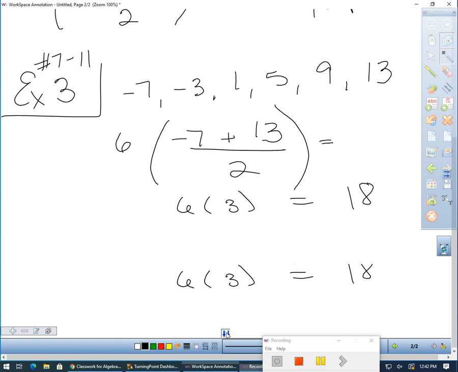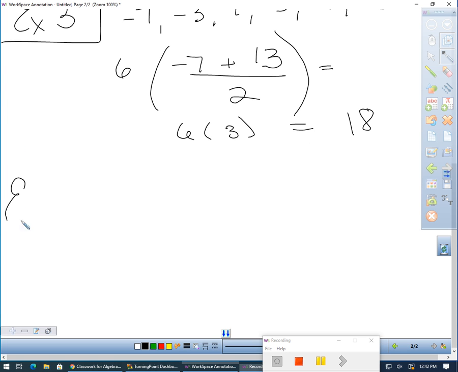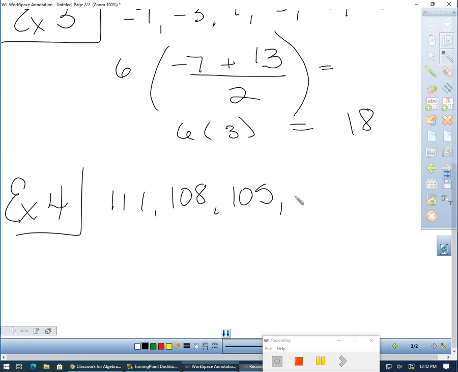Let's do another one, still from the same section. Example number 4. Let's make it a little tougher. I have 111, 108, how about 105, and then it goes all the way down to 27. Uh-oh. I don't know what number term that one is.